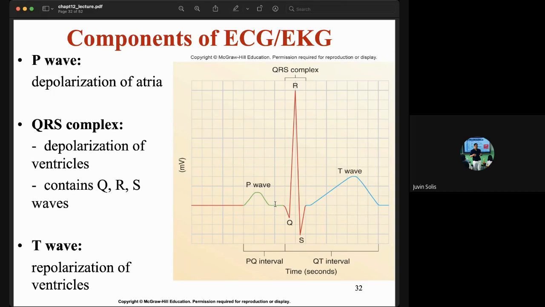This is the depolarization of ventricle. Bababa siyang konti, and then magpipik siya, bababa. And then after that one, you will be having your T wave. Your T wave is the repolarization of ventricles. You will learn a lot more of this in your medical surgical nursing on your 4th year level.